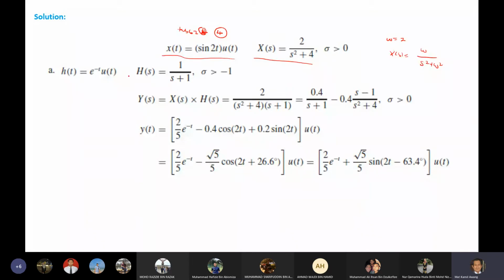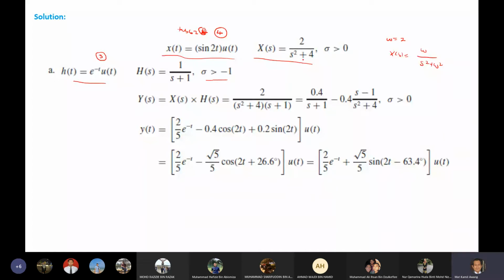Now the transform for h(t), e to the minus t u(t), is from the table number 3. So a is 1, giving 1 over s plus a. This is the region of convergence for this: s equal to -1, so gamma is greater than -1.